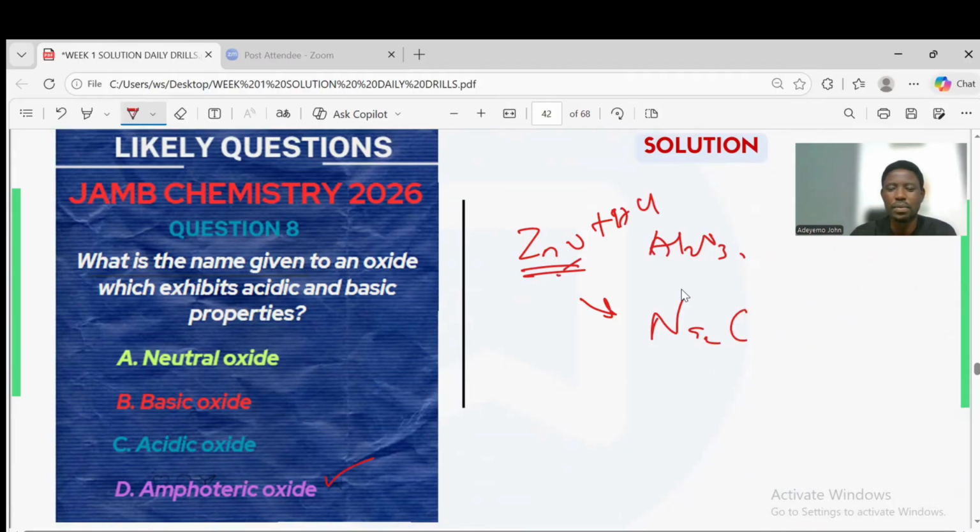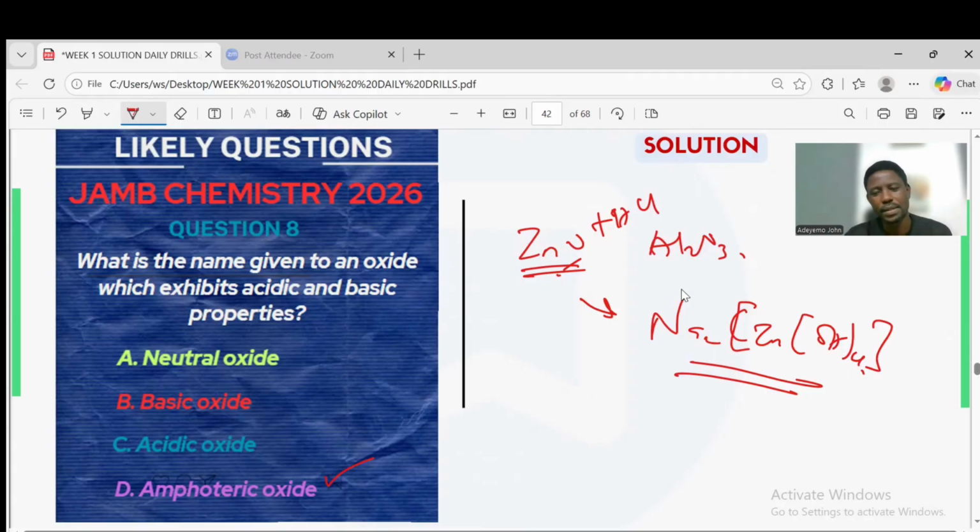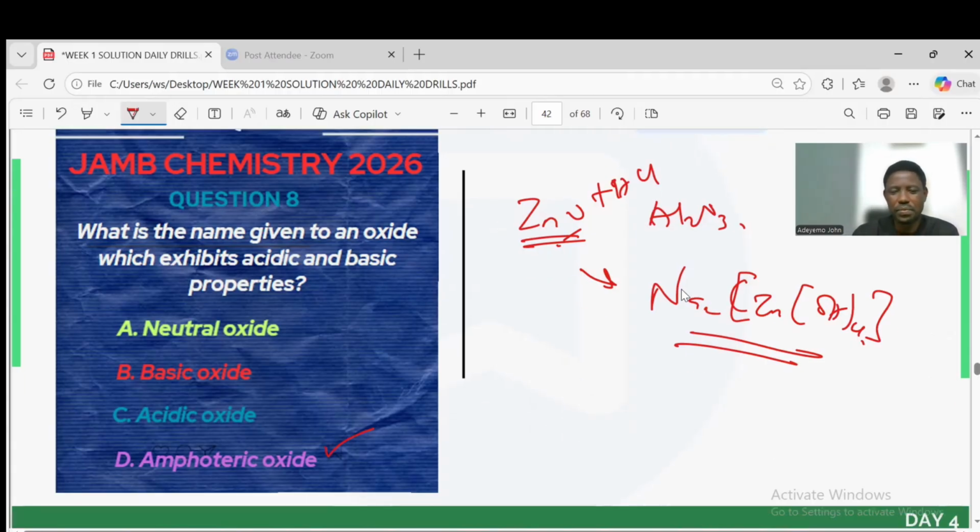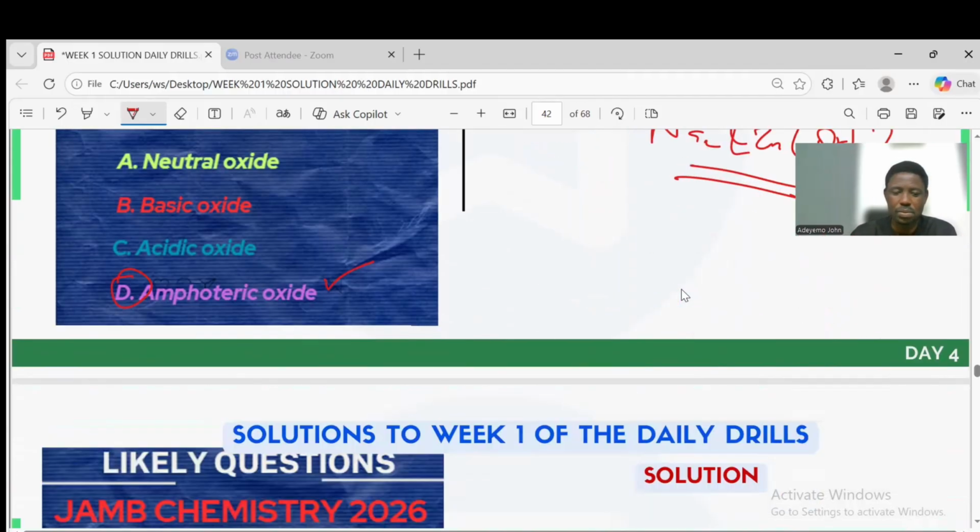It can also form this complex salt when reacting with a base. So they behave like an acid when they react with a base, and like a base when they react with an acid. That is amphoteric oxide: zinc oxide and aluminum oxide.